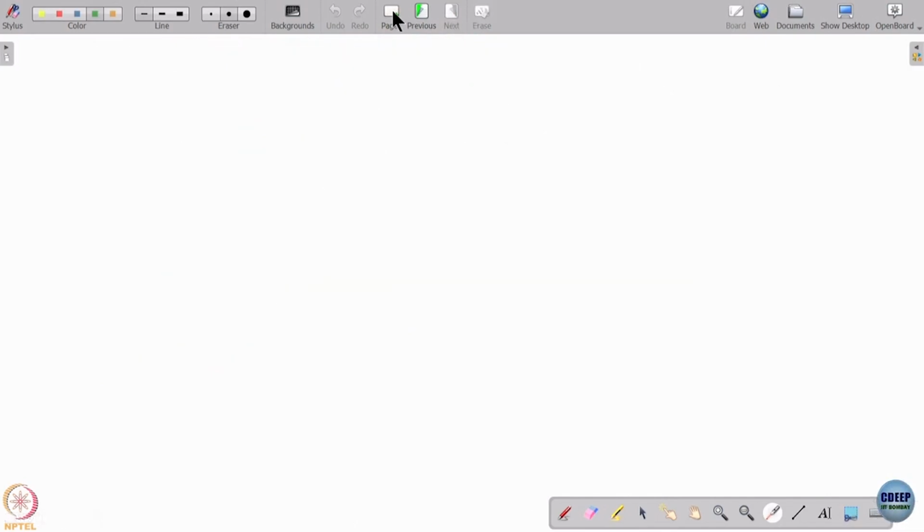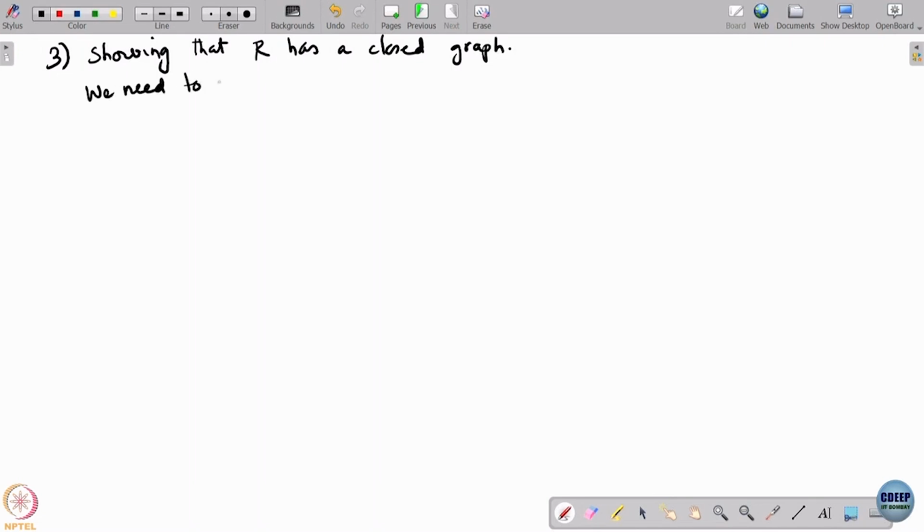Now let us come to part 3, which is showing that R has a closed graph. We can go step by step. We will first show Ri has a closed graph.